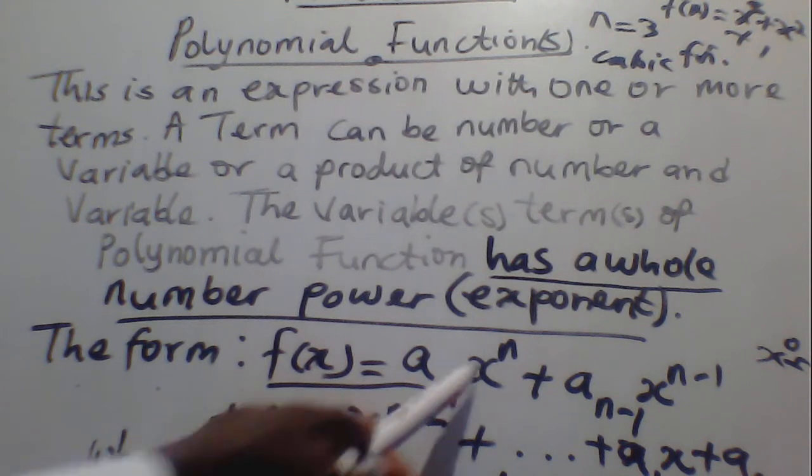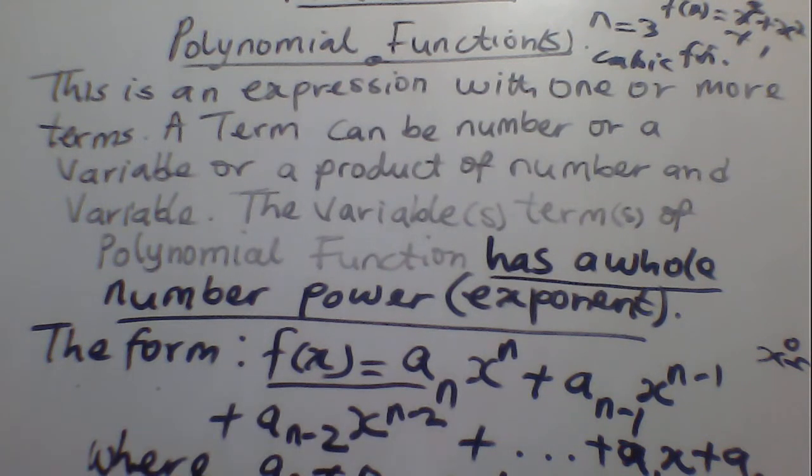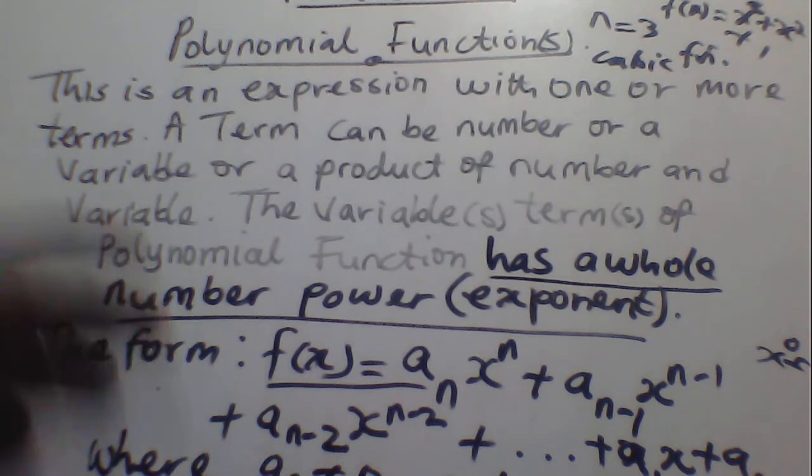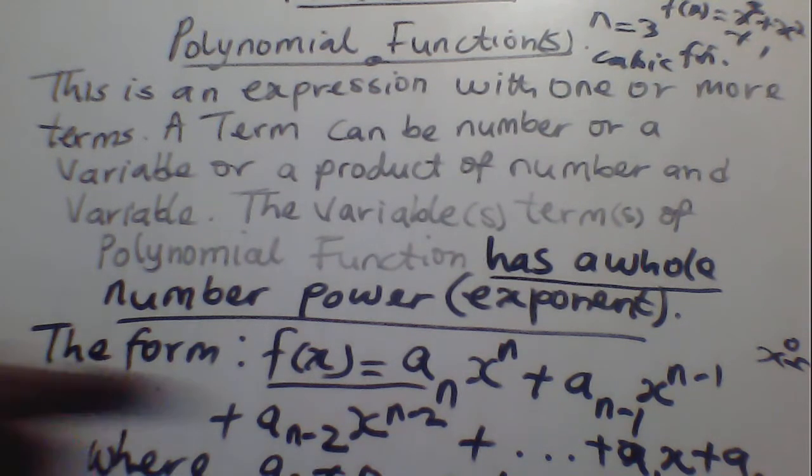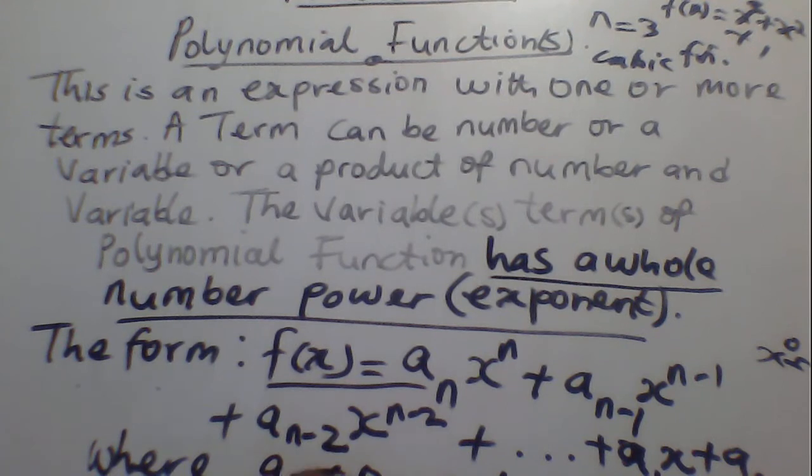It is not defined as a polynomial function when n is minus 1, minus 2, minus 3, or a fraction. When n is minus 1, minus 2, or a fraction, it is no longer a polynomial. That is what I'm trying to explain here.